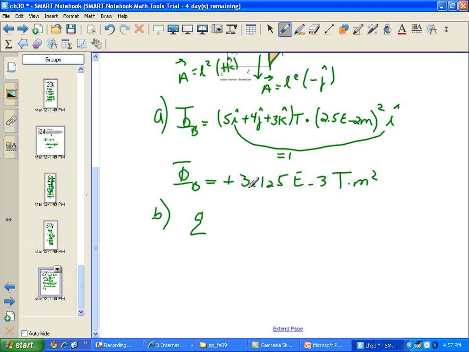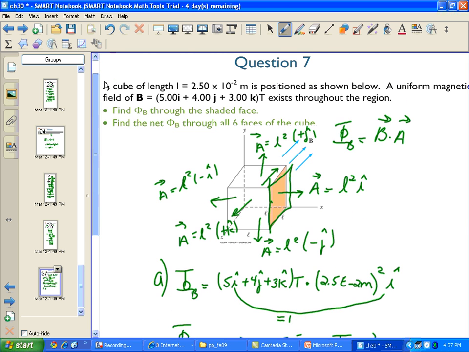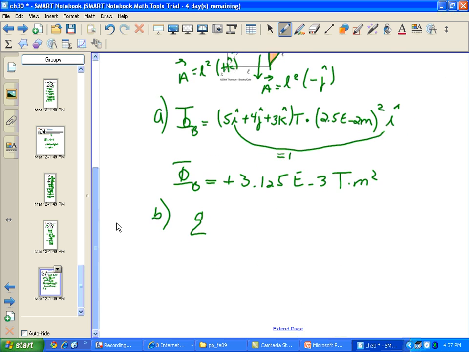There would be a negative flux for the left side of the cube, which would add to 0, and the top would be a positive flux, but added to the bottom would be negative. And so the net flux in this closed surface is 0.